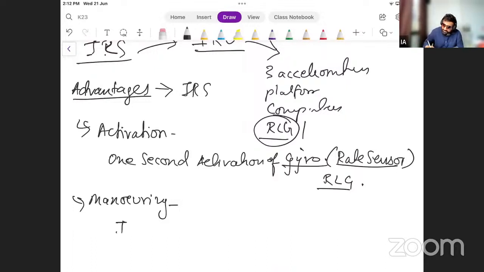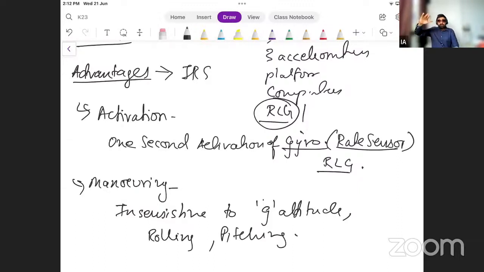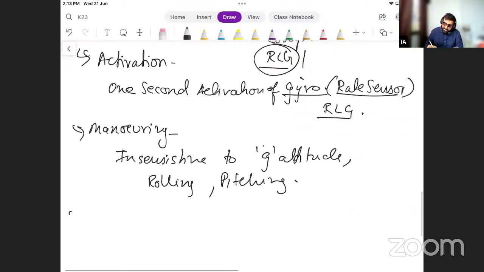So in maneuvering, my IRS is insensitive to G attitude when the aircraft is going down with acceleration, and it is also insensitive to rolling and pitching. So rolling, pitching, and falling vertically up or down will not give me any errors because the platform would be super stable. Okay. Construction.